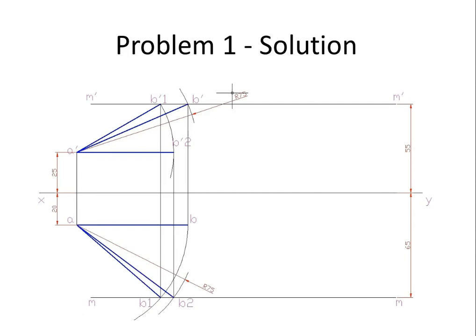We rotate A dash B1 dash and make it parallel to the XY line. So the moment we project it to the top view, what we get is a true length in the top view, which really means that this true length will be the case where the line is parallel to HP and inclined to VP. So that's what we are doing when we project A dash B2 dash directly to the top view and get AB2.